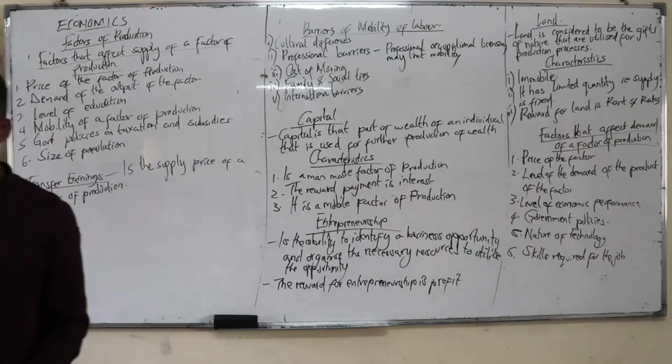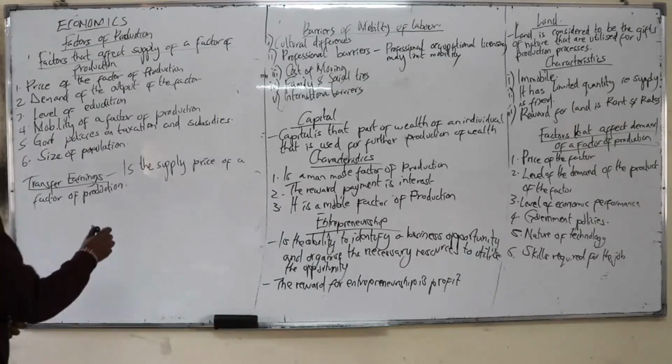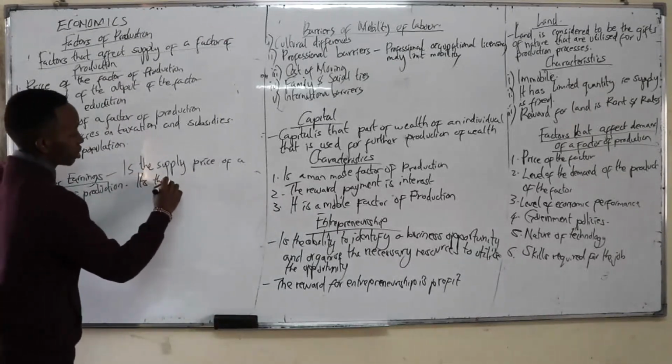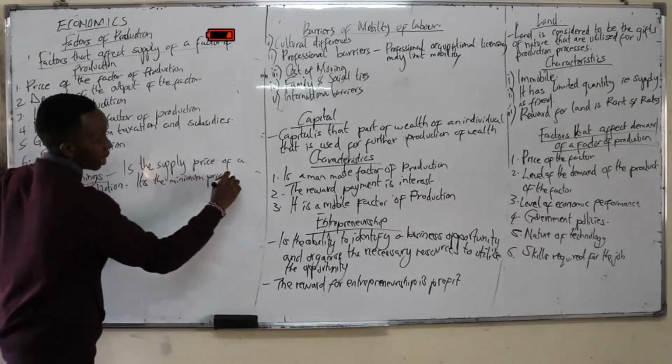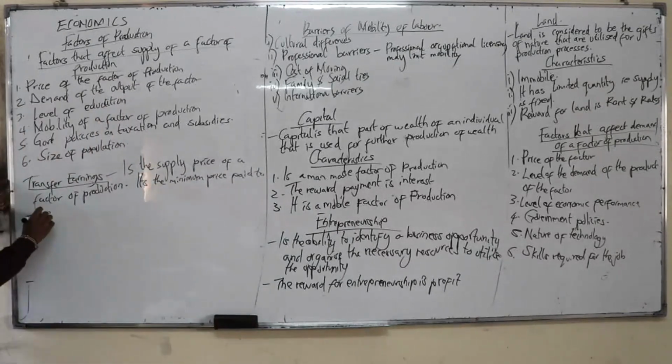So the price that you pay for supplying this factor of production is what you're saying. In other words, it's the minimum price paid to keep the factor of production in use.